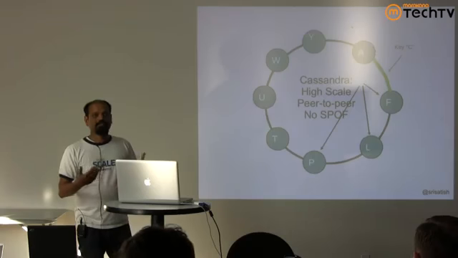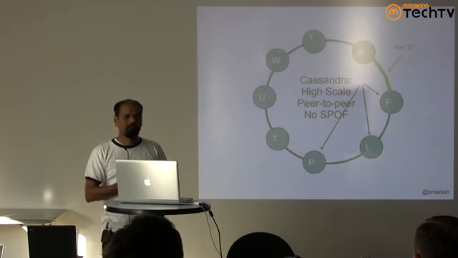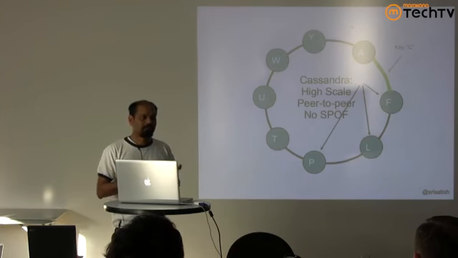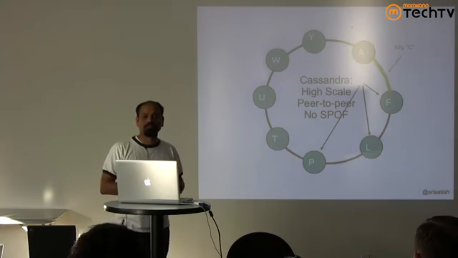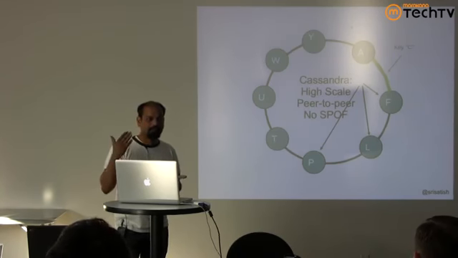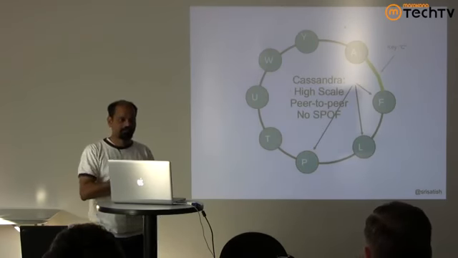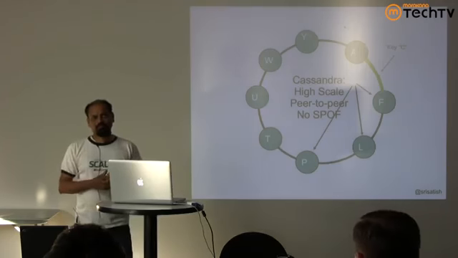Cassandra's real strength shines when it does writes, orders of magnitude faster than the reads, usually single digit to early double-digit milliseconds, and it's a durable write. It's not writing just to memory.